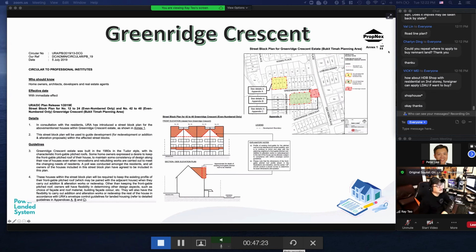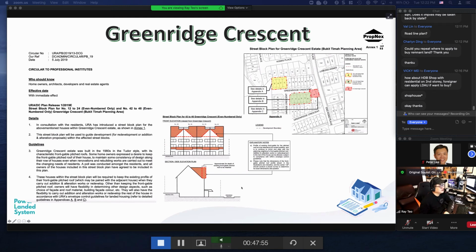Here the residents actually tried to come together to ask everyone to sign to put a restrictive covenant on their title, that if they sell their unit, the next owner must adhere to the pitch roof. Luckily not all the owners signed, only this group, about 10 units signed on the agreement.